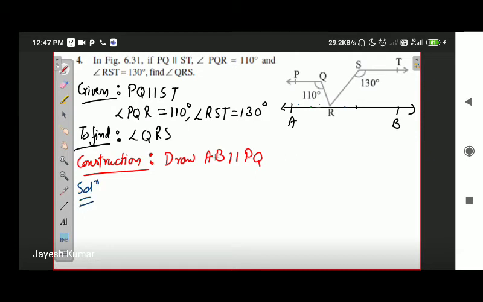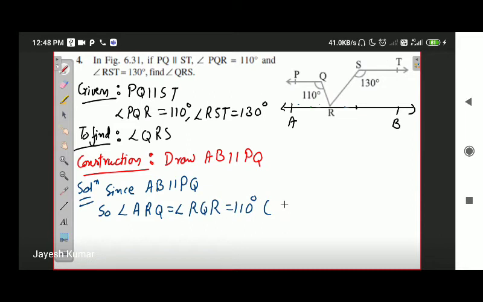For the solution, first of all, since line AB is parallel to PQ, so by angle ARQ equals angle RQP equals 110.